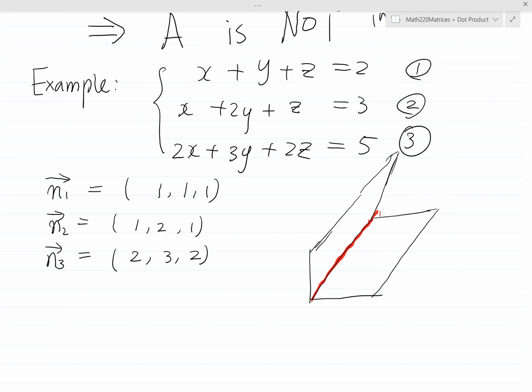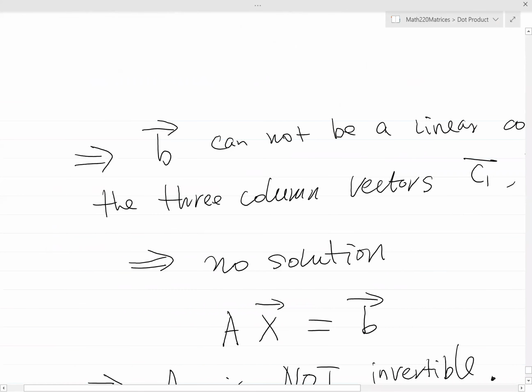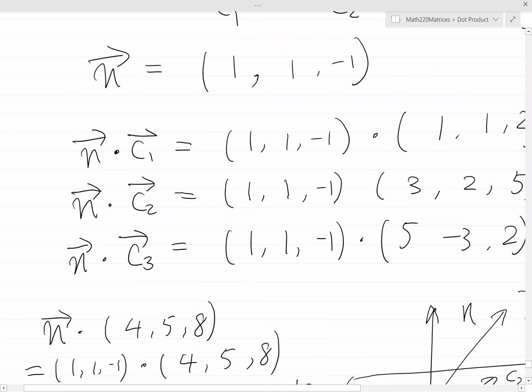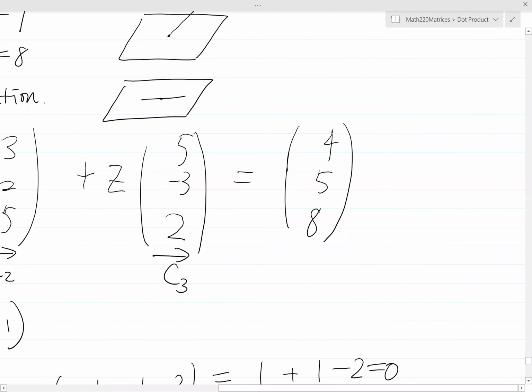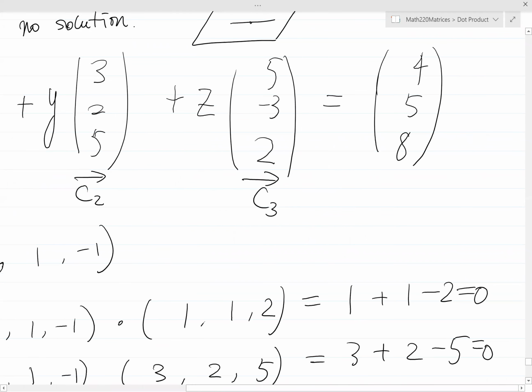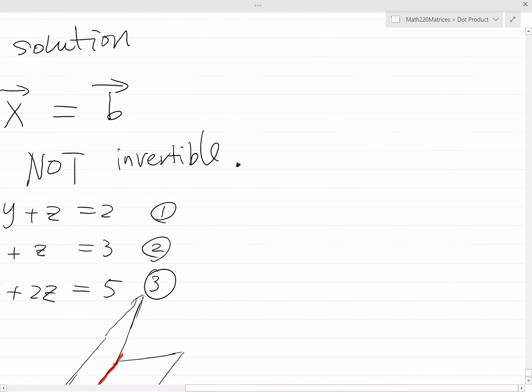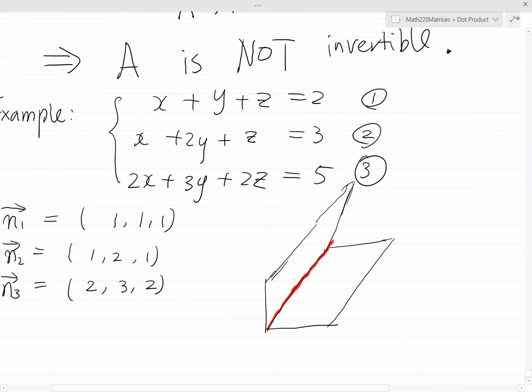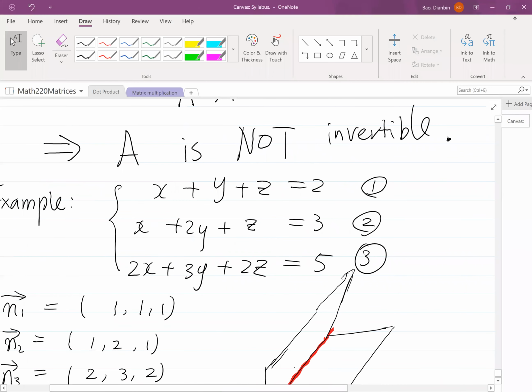Now the next question is, what's the geometric relation of this line with the other plane? There are three cases for a line and a plane. They can be parallel, the line can lie in the plane, or they intersect at one point. We need to determine the relation of this line with the third plane to see what the intersection looks like geometrically.